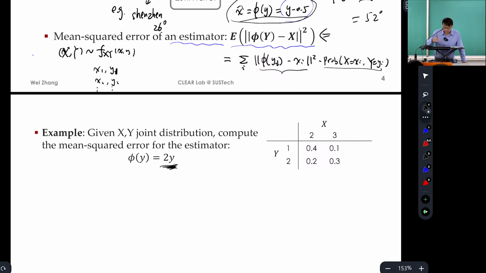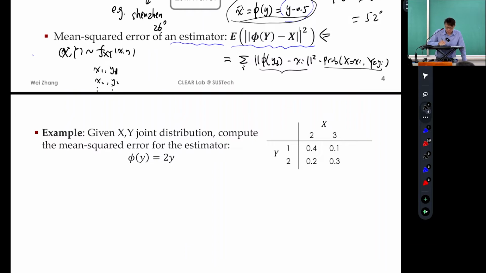Let's see this estimator in another example. Suppose x and y are jointly distributed according to this table. Do you understand this table now? X can be 2 or 3, y can be 1 or 2, and each combination occurs with a certain probability described in the table.